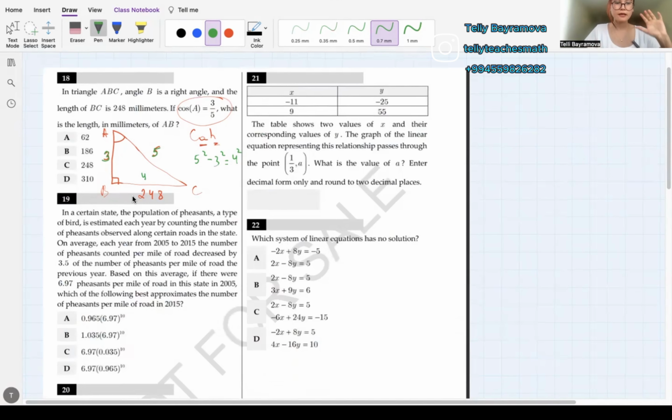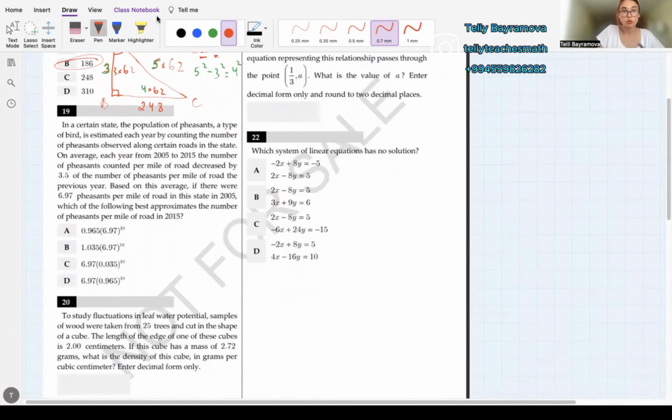Okay, makes sense now. So 4 is our simplified answer, but originally it is 248, right? That's why 248 divided by 4. So how many times did it decrease? 62 times. 4 multiplied by 62 is 248. That's why all by 62. 3 multiplied by 62: AB is 186, which will be the answer.